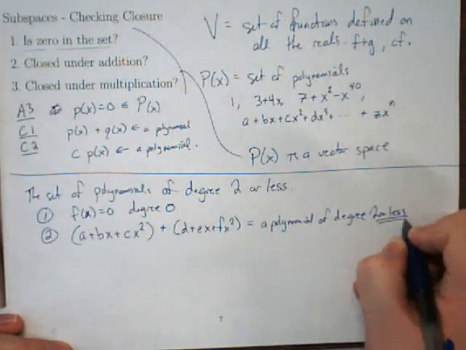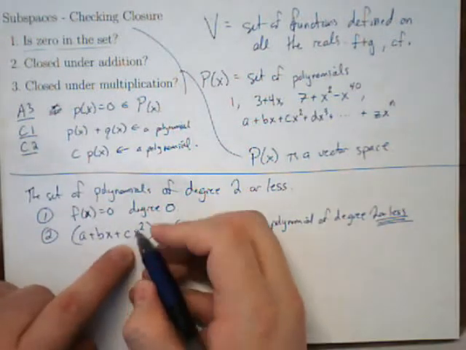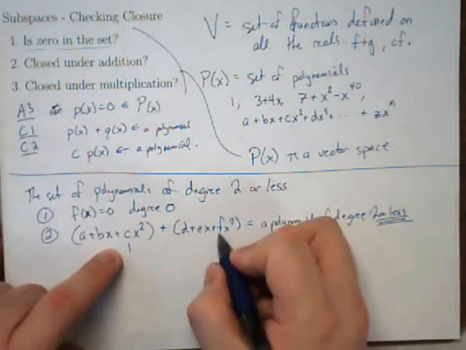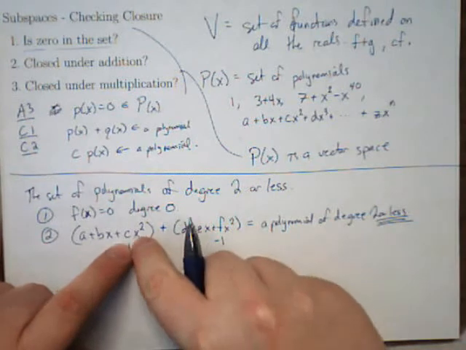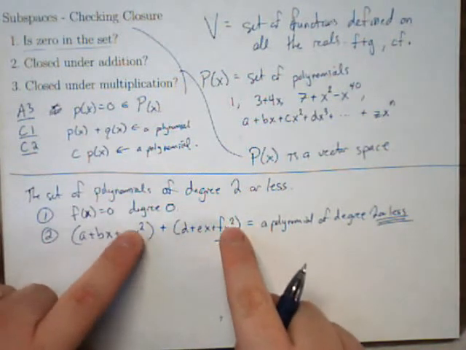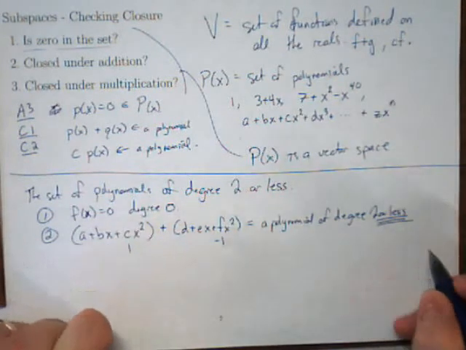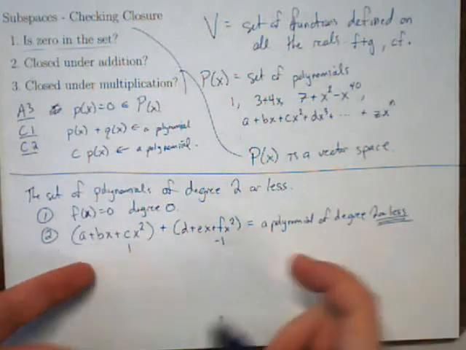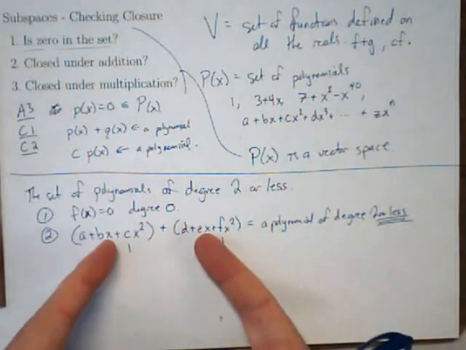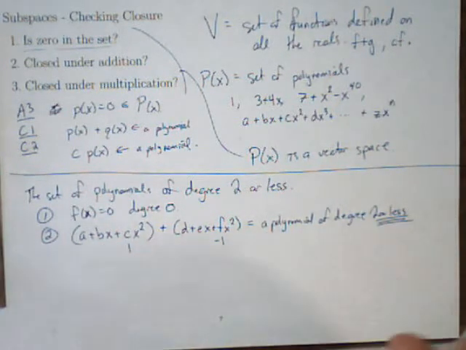The reason I say "or less" is because if c is 1 and f is minus 1, it could be that the sum ends up making the x squared terms vanish, which means the degree drops. That could happen. That's why I need to include "or less." Currently, the sum of two polynomials of degree 2 or less is again a polynomial of degree 2 or less.